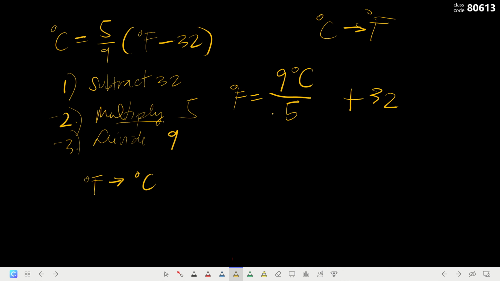So kung makikita nyo, it is 9 divided by 5 times C plus 32. So ang una, 9 times degrees Celsius divided by 5, and then plus 32. So this will convert degrees Celsius back to degrees Fahrenheit.